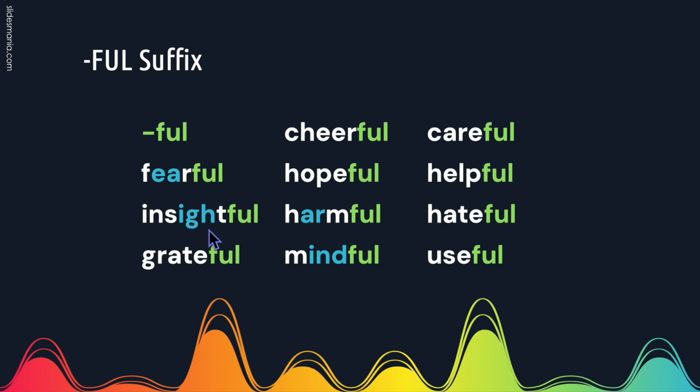IGH has the long I sound, and the GH is silent, as covered in a previous video. Insightful. AR says R. Harmful, hateful, grateful. IND usually has a long I sound. Mindful, useful. You can see that learning to recognize suffixes at the end of words makes reading longer words much easier.